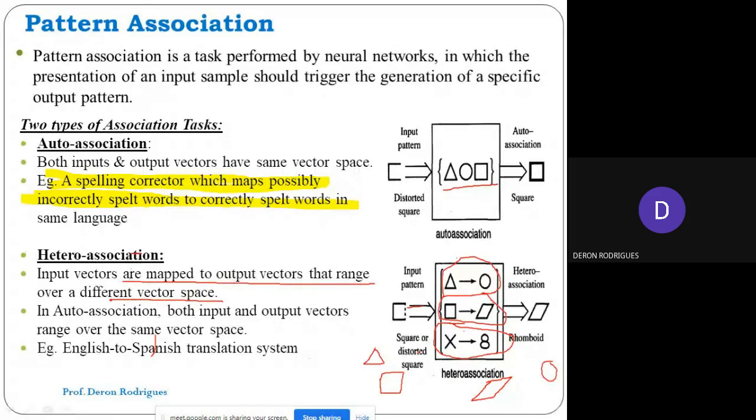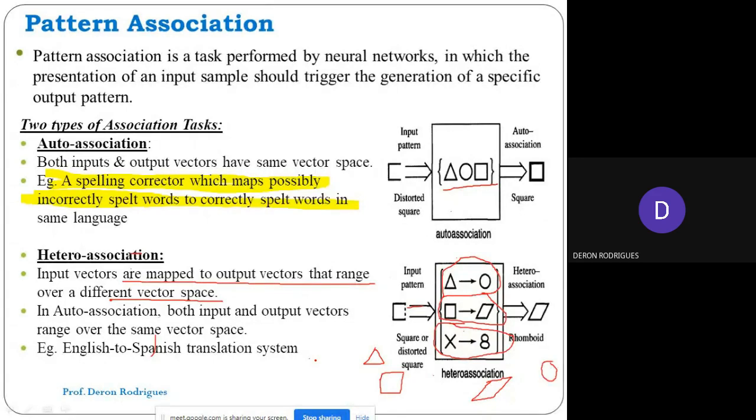And if I give an X pattern at the input, I should get a figure of 8 pattern at the output. So this is the meaning of the hetero association task, wherein the input pattern and the output pattern will both be different. In auto association, both will be in the same vector space, whereas here they will not be in the same vector space.